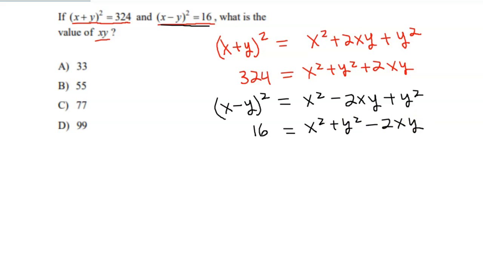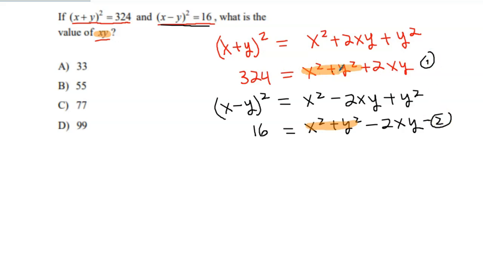So here, realize that in this question we have x squared plus y squared, x squared plus y squared. So we can do something about it. We cannot add them and get rid of this 2xy, because that's what we want to find. That's what the question wants us to find. So we can't do that. So we're going to isolate the x squared plus y squared in each equation. So equation 1 and there's equation 2.